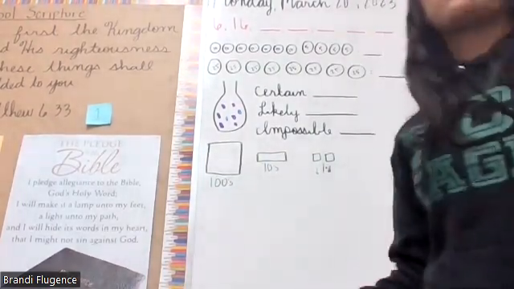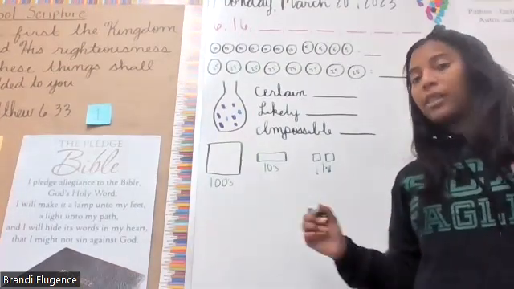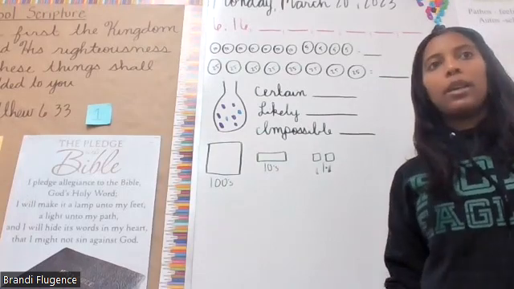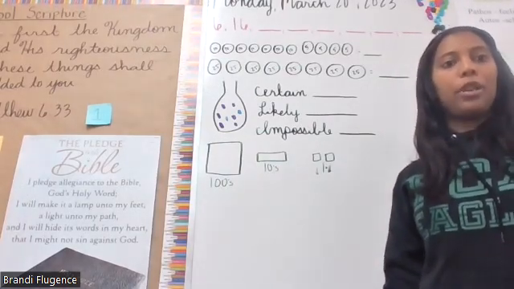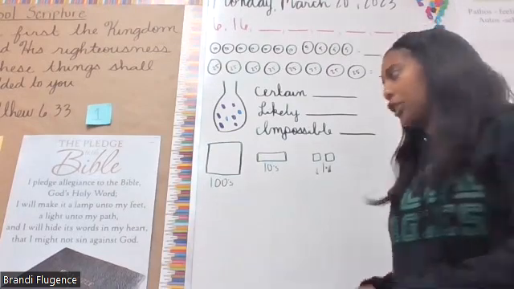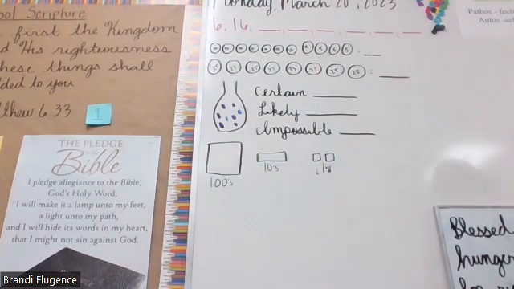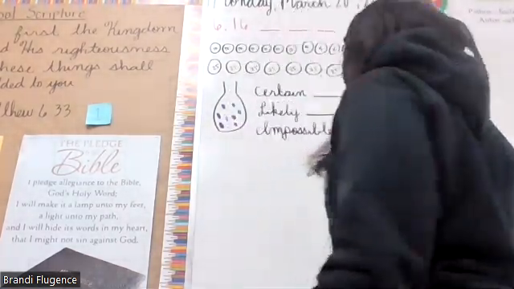You have 2 pages of the hundreds blocks. 4 blocks would be how many? 400. 100, 200, 300, 400. We'll practice a couple of those where we're not cutting it out.